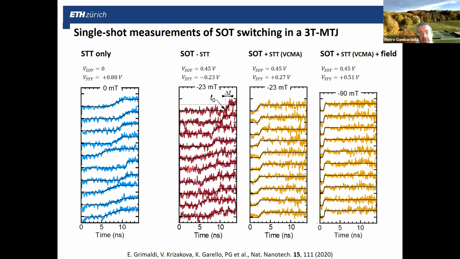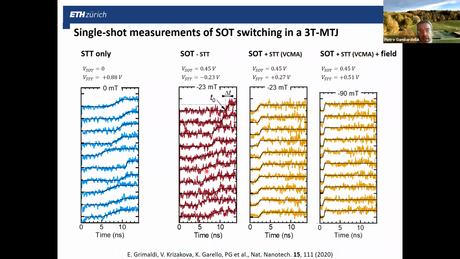We were a bit more surprised to find not really similar, but also a stochastic behavior for spin orbit torque switching, because also here this initial time at which the magnetization starts changing appears to vary in a random way.